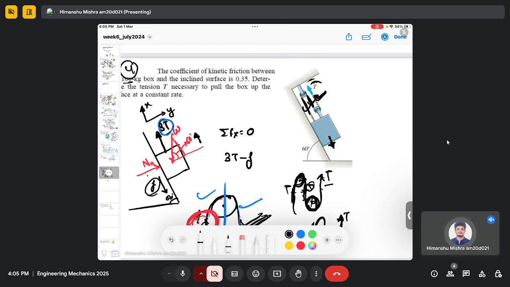It is not that only this part experiences force and this part does not. All three parts are experiencing some forces because they want to avoid the falling of this block. You can imagine this, right?